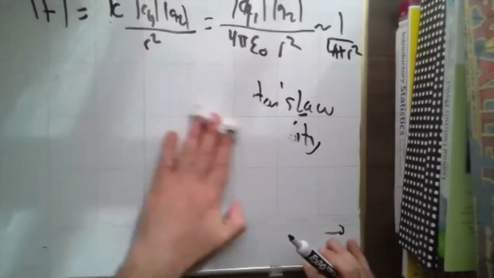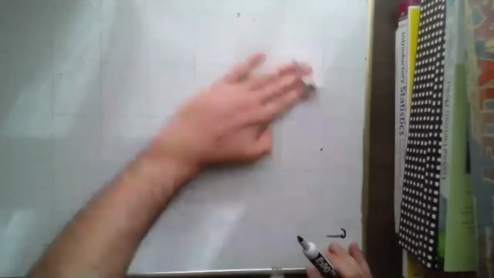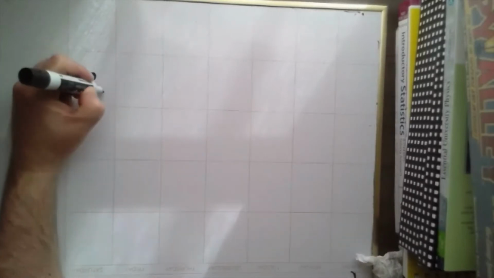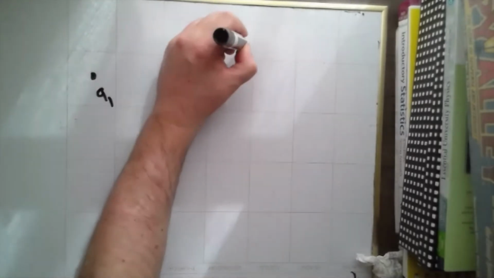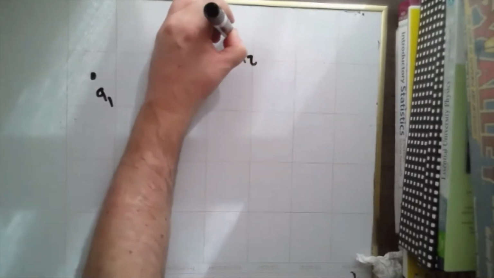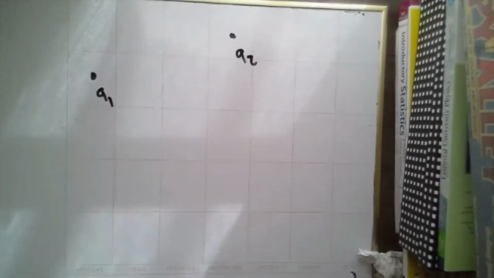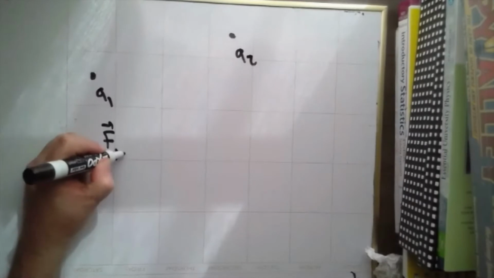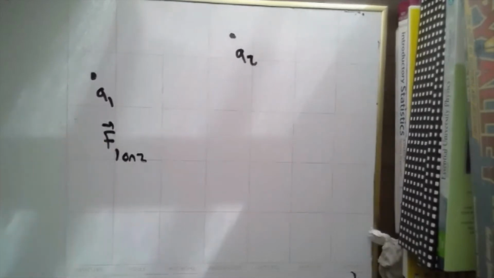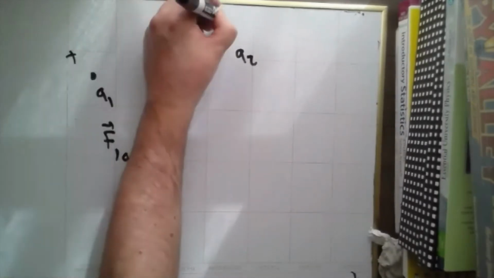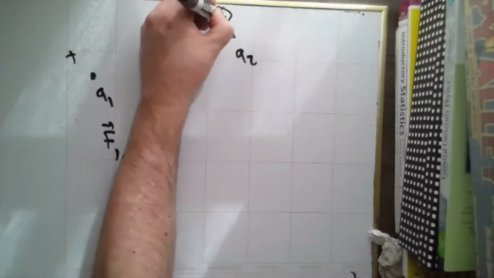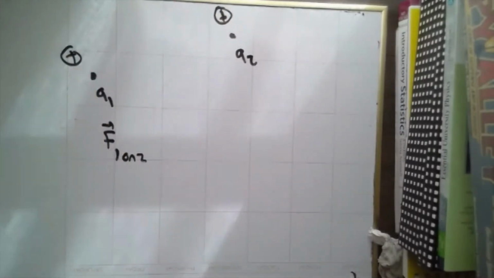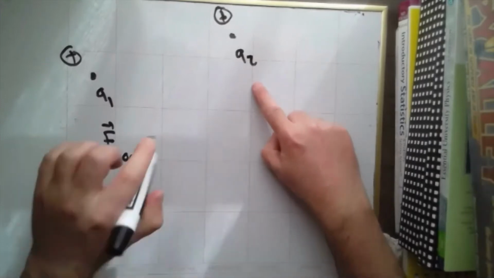Okay, so Coulomb's law says if you have two charges in your entire universe, they will create this force on each other. So F1 on 2, if these are both positive charges, the force of 1 on 2 will point away.